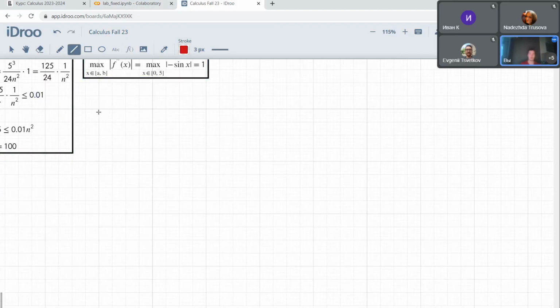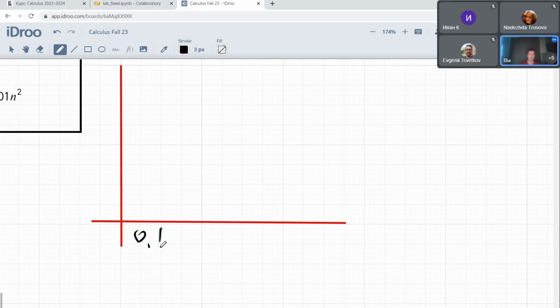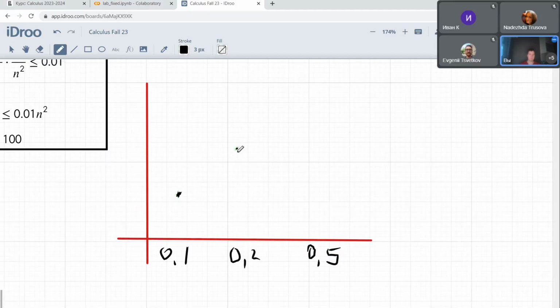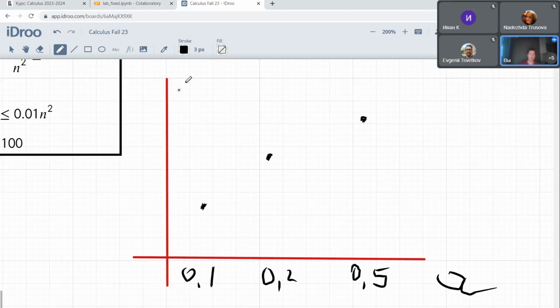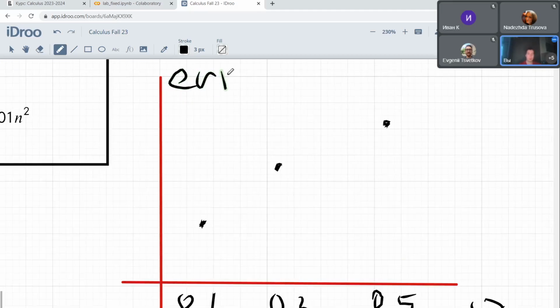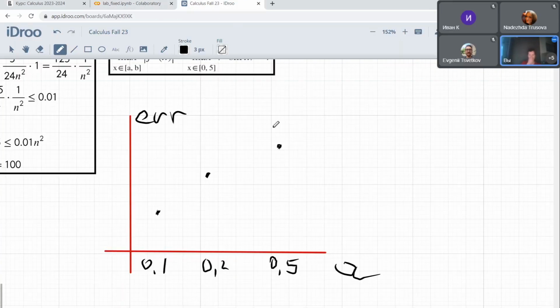For me, it's going to look something like this. Here you can see the values of a, and here you will see the values of error. Okay?